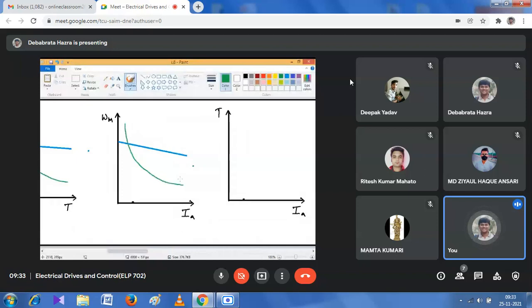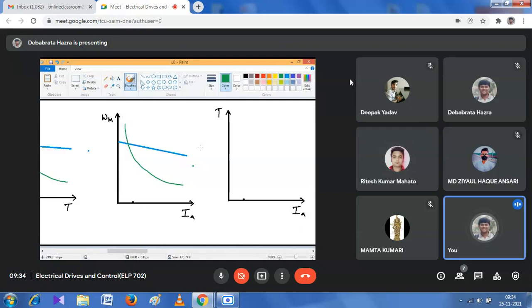And what should be the torque versus armature current characteristics? Tell me, how will it look? Sir, directly proportional.